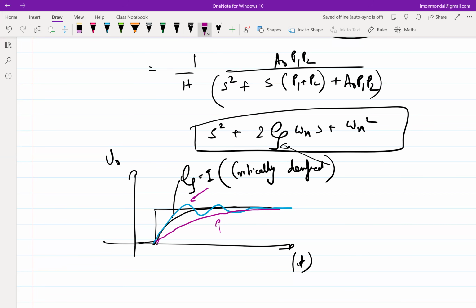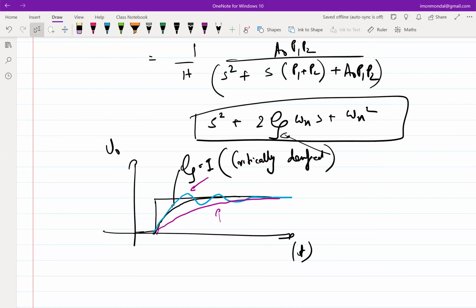Now, in many applications, I shouldn't say most, in many applications, you want the final settling to be as fast as possible without overshoot, right? So in that case, critically damped is the case that we are looking for. Okay. So for critically damped case, if zeta is equal to 1, how does it translate to P1 and P2? Note that P1, P2, A naught, these are open loop properties, right?